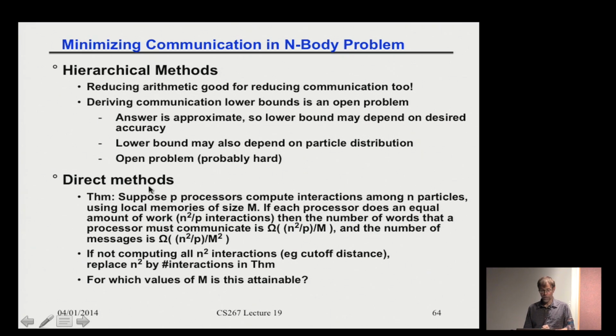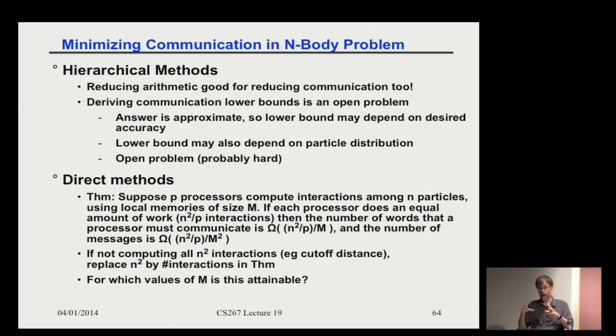On the other hand, I think we know everything there is to know about lower bounds and optimal algorithms for the direct methods, where you do all n squared, or not necessarily even n squared, because remember for your second homework assignment, you did the direct N-Body algorithm, but you only did it within a cutoff region, right? So you only did it for particles who were close enough. You computed all the interactions there, and in fact, the fast multipole method has to do that too.